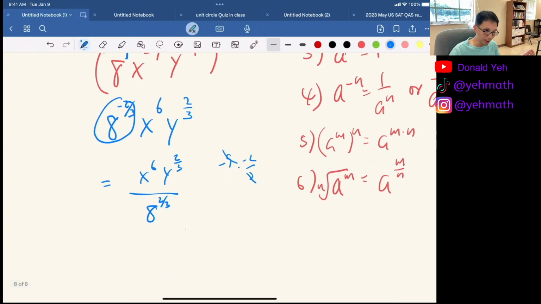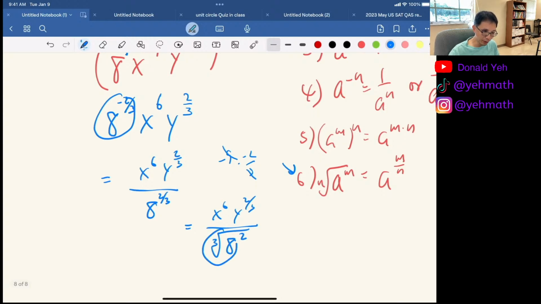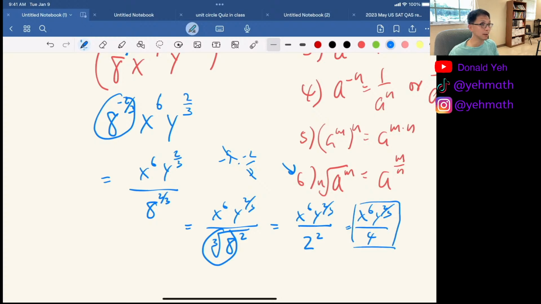Then, I'm going to use rule number 6: the third root of 8 squared, power over roots. The third root of 8 is 2. 2 squared is 4, so it's x to the 6, y to the 2/3 over 4. And that's my final answer.